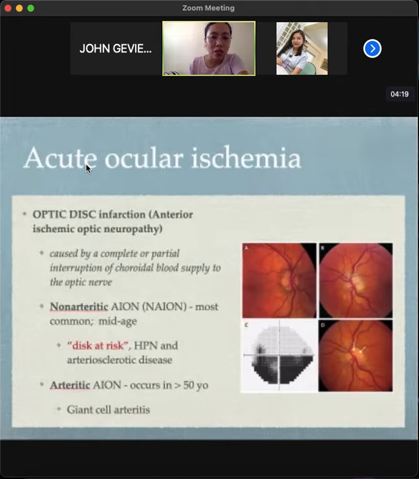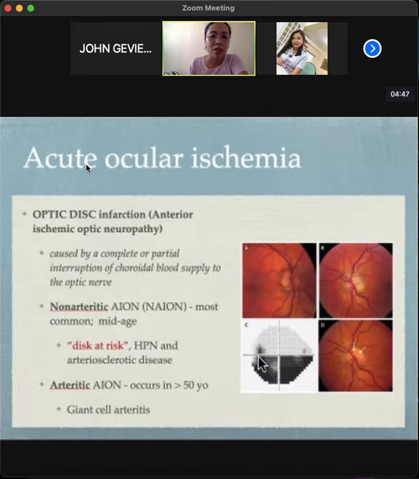In optic disc infarction, otherwise termed anterior ischemic optic neuropathy, it is caused by an interruption of the choroidal supply to the optic nerve. The patient usually complains of sudden blurring of vision in one eye. On fundus exam, you will see a pale or swollen optic nerve, with indistinct margins.